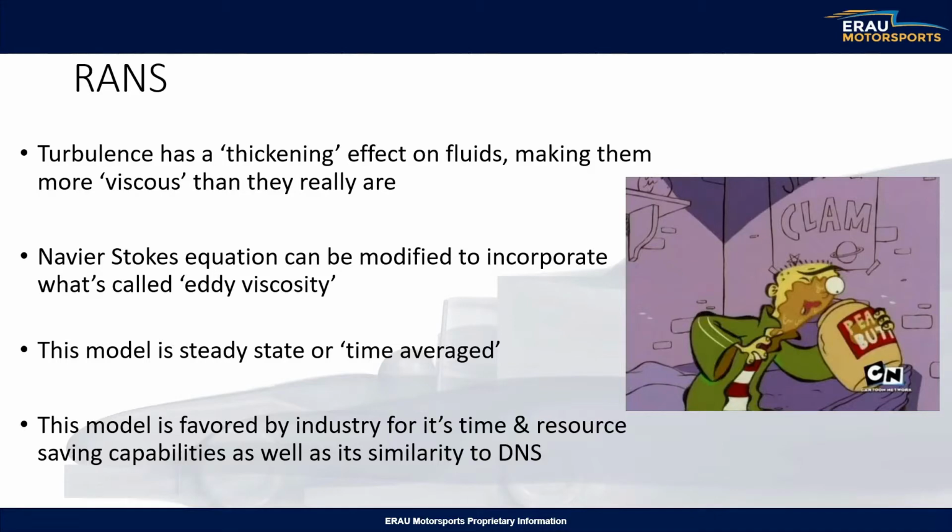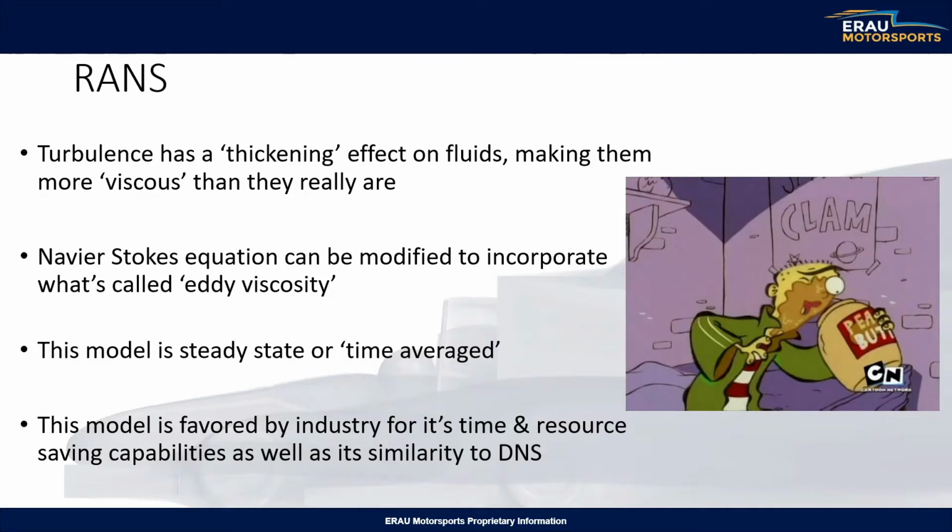This modification is called the eddy viscosity, that is added to the existing Navier-Stokes equations. This model is called the Reynolds average Navier-Stokes equations. This model is steady state or time averaged, meaning that if you take a flow and average it over time, the resulting flow will be your solution.